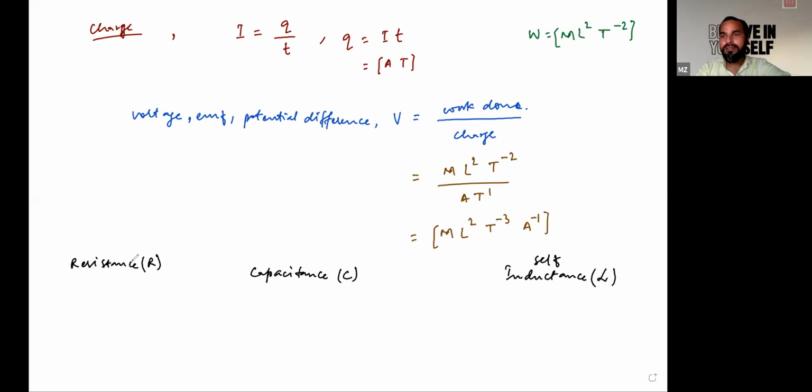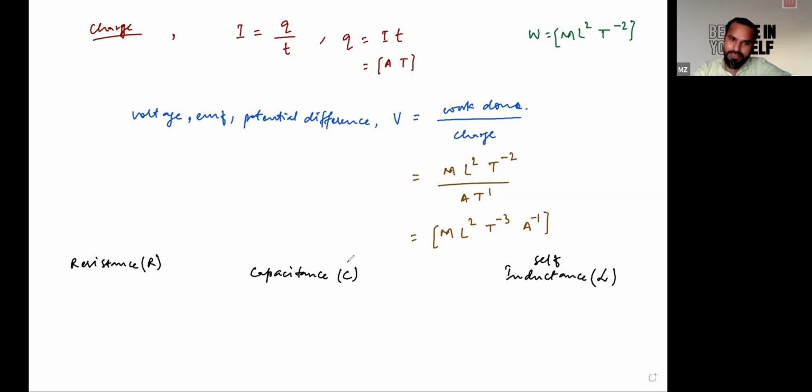Resistance is nothing but the property of a substance to oppose the flow of charge through it. So it is an opposition property of a substance. Capacitance, similarly, is the ability of a substance to store charge in the form of electrical energy. Likewise, we have a battery, which stores energy in the form of chemical energy, and this particular device, called a capacitor, stores energy in the form of electrical charge.